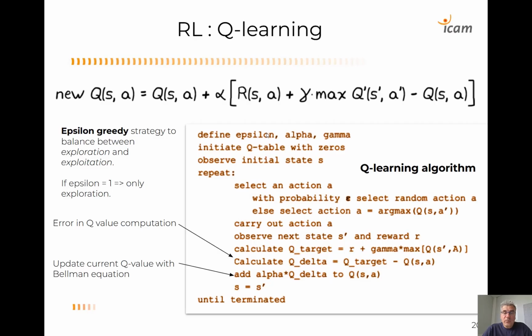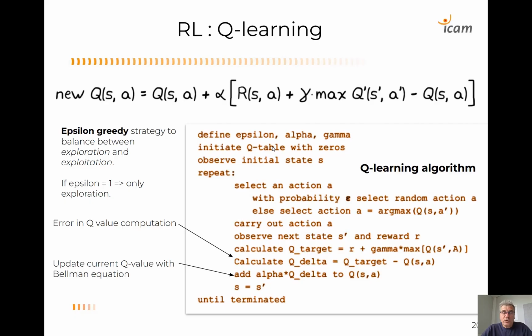The epsilon is the value used by the epsilon greedy strategy to choose between exploration and exploitation. Alpha is the learning rate. And gamma is a discount factor. It's a value close to 1, but less than 1.